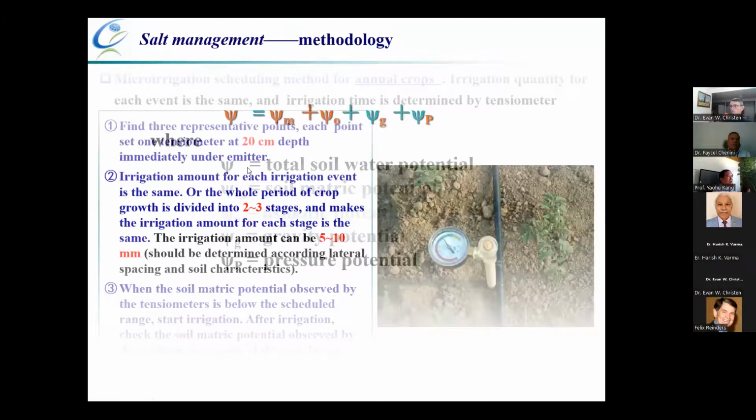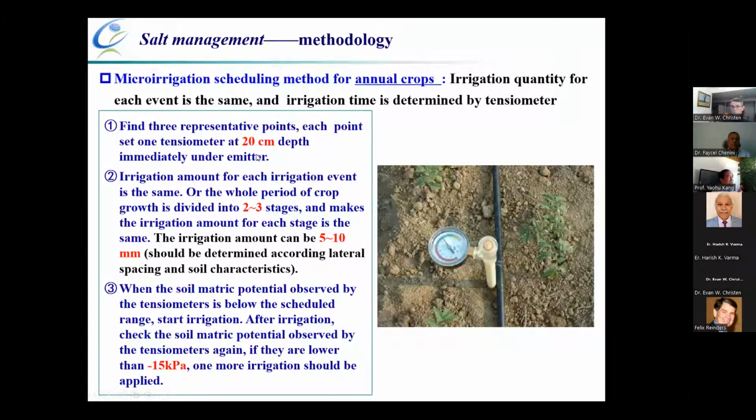We found that when we control the soil matric potential at 20 centimeter depth immediately under the drip emitter, there is a good relationship with crop growth, and we developed a simple irrigation scheduling method. So we think if we can control the soil matric potential at this point, that can create exactly the correct deep percolation for certain leaching.